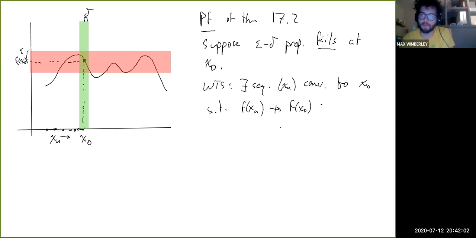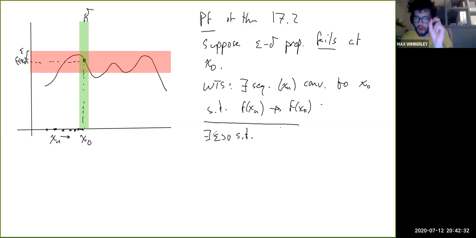So if we say the epsilon delta property fails, okay? If we're saying that the epsilon delta property fails, that means that there exists some epsilon, right? Some epsilon greater than 0, such that, in words, there is no choice of delta which will force f of x to stay within epsilon from f of x naught, right?